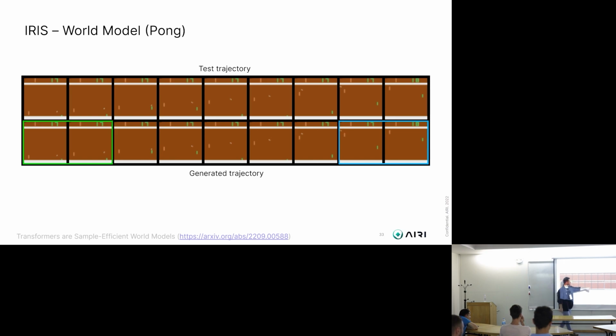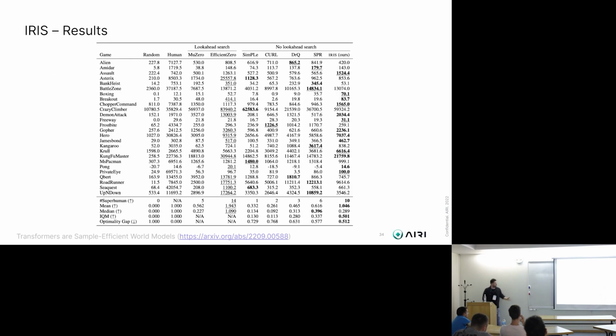And even the model learns to increase the score if you win the exchange. So this is a very, very important dynamic of this environment. And as I said, they beat other models on many environments, compared with this limited number of interactions with the environment.